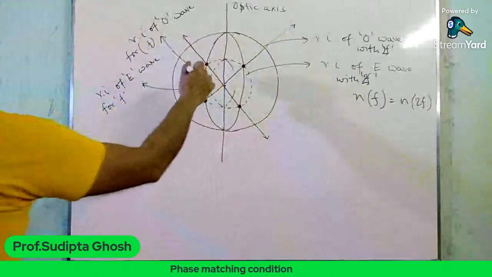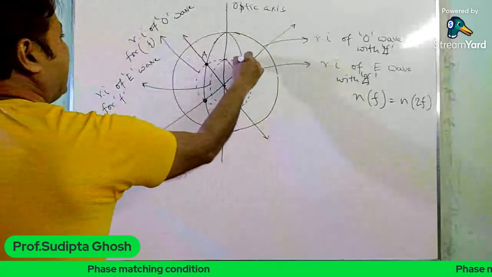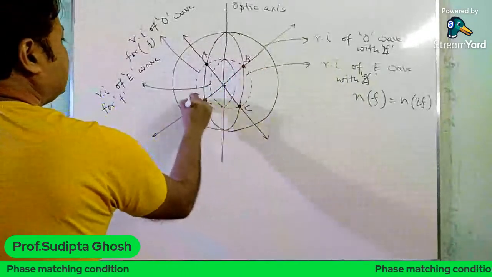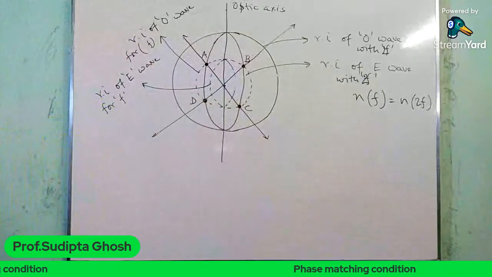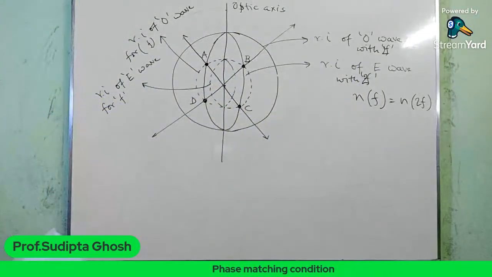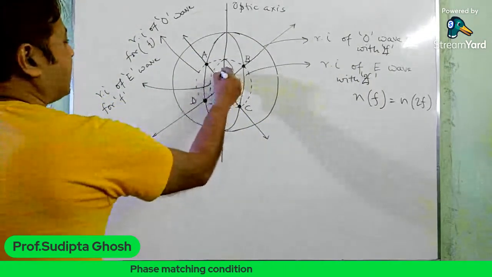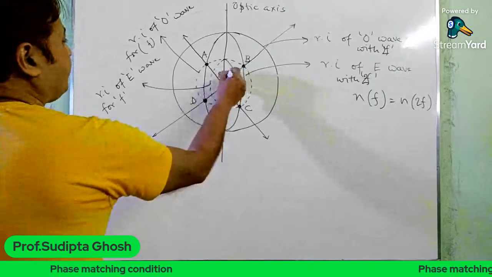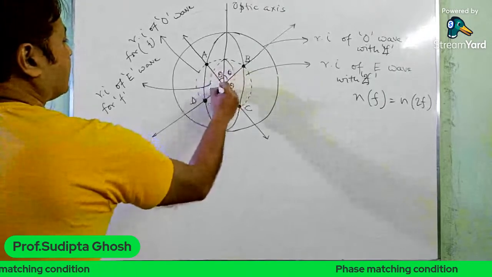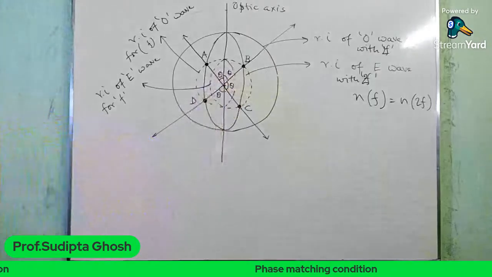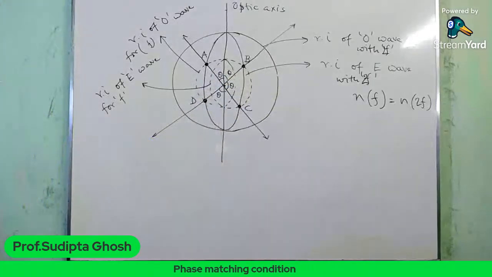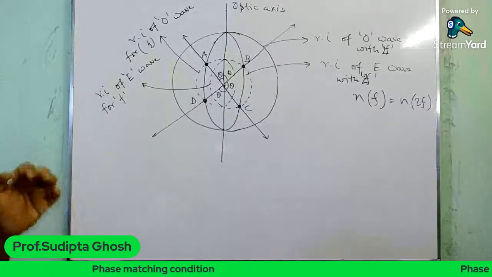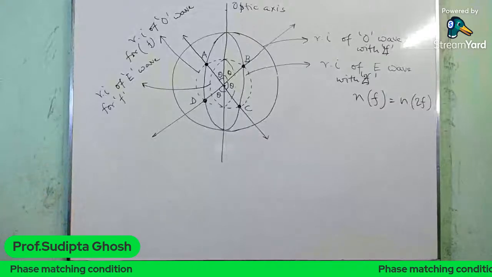So let these 4 points be A, B, C and D. Now these are the angles theta.